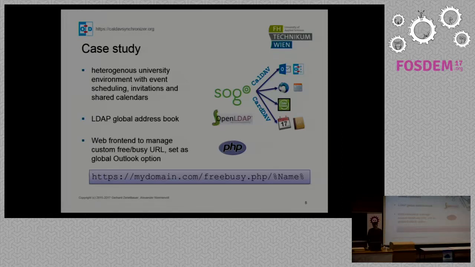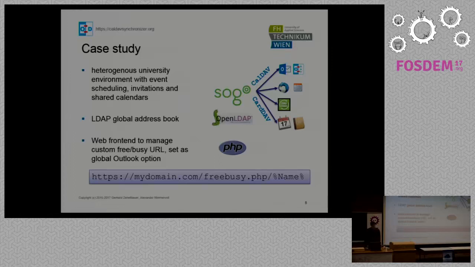We also implemented an LDAP global address book. You can add that as an account type in Outlook. And with the help of that, it is possible to set up a global Outlook free/busy URL. We made a web front end, a small PHP script, which allows the user to configure the free/busy calendars which should be included in the free/busy URL.